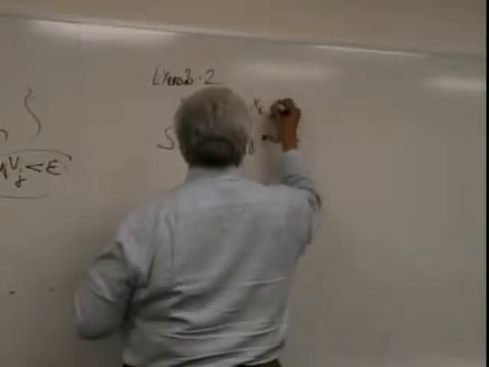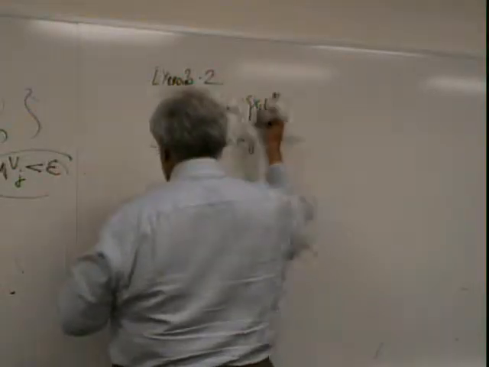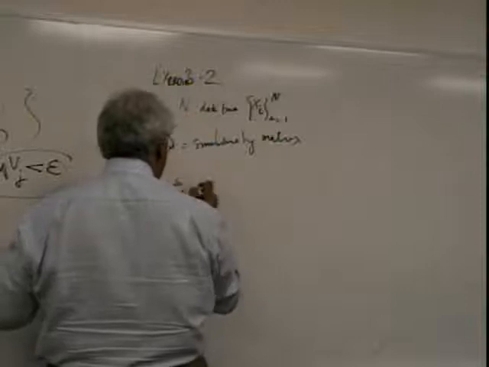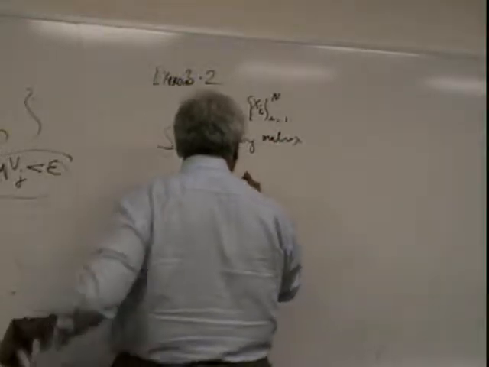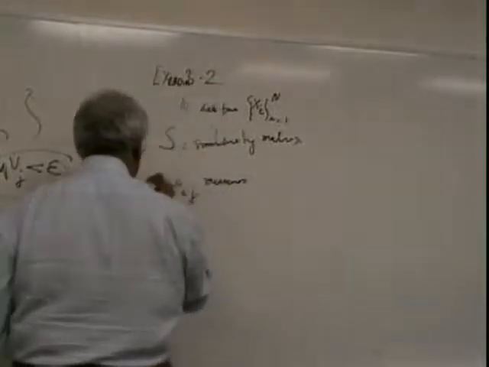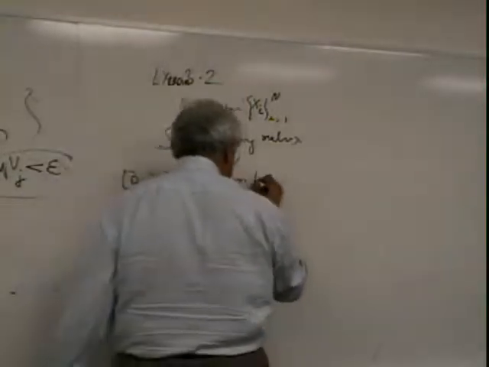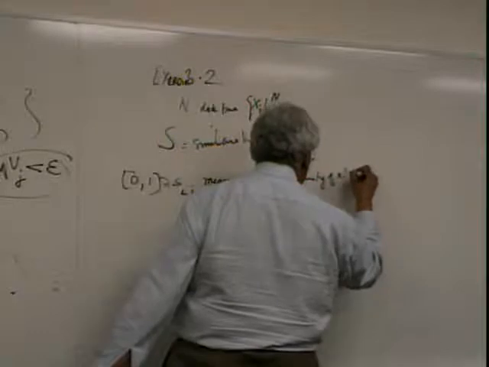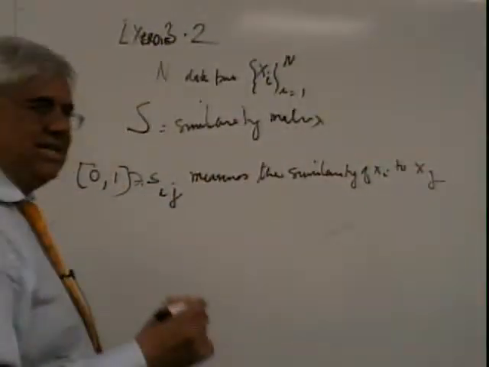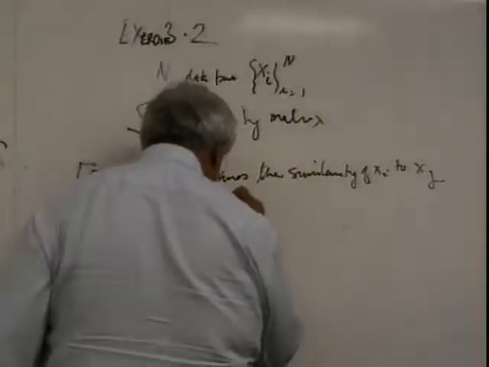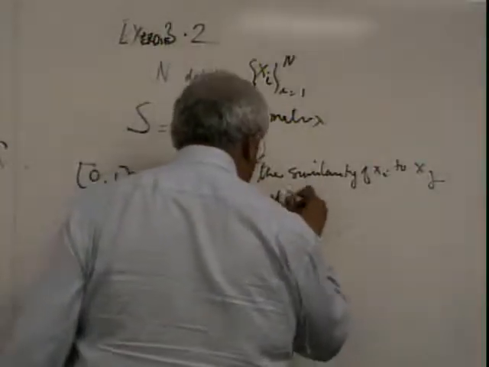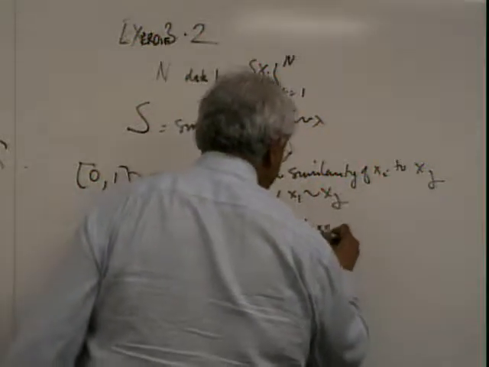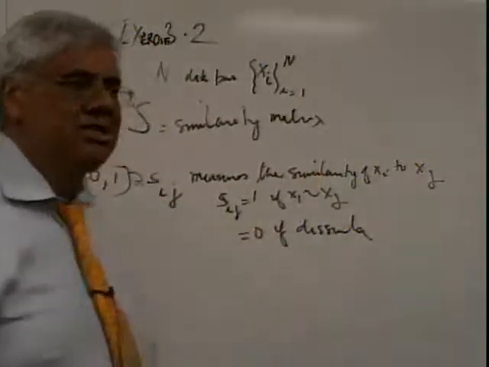Let's call the points xi, i equals 1 to N. The similarity matrix Sij, so capital S, with little Sij, belongs to the interval 0 to 1 and measures the similarity of xi to xj. If xi is really similar to xj, Sij equals 1. It is equal to 0 if dissimilar. And you have numbers in between.